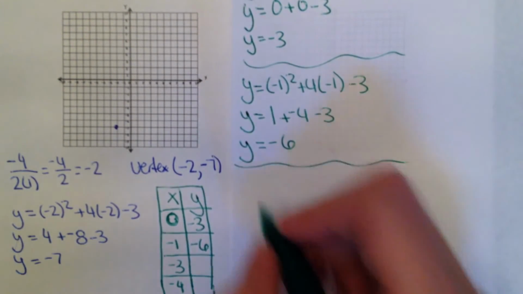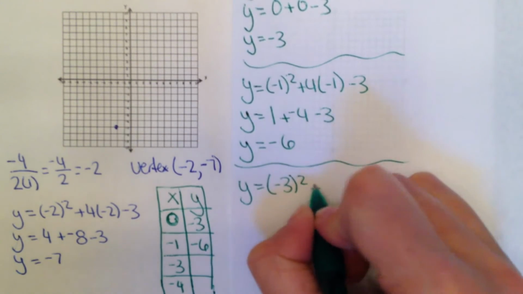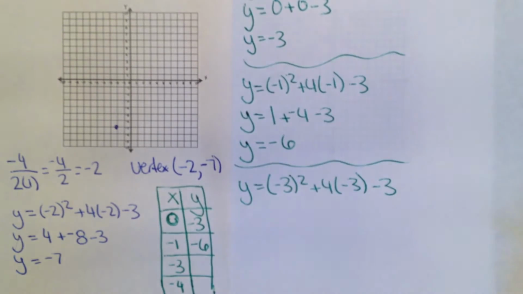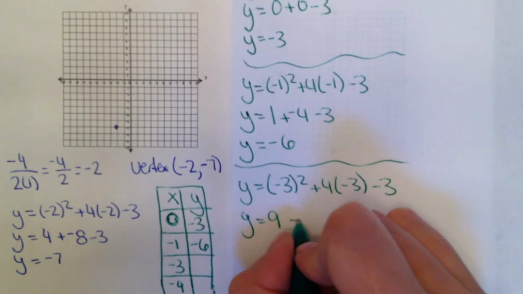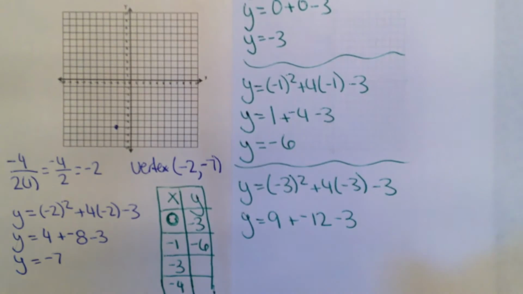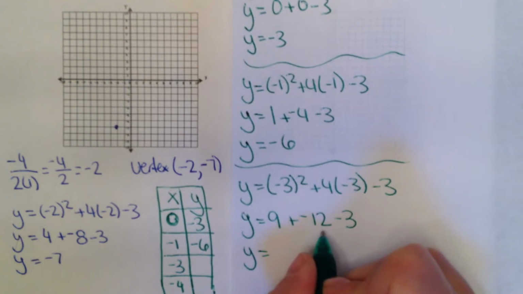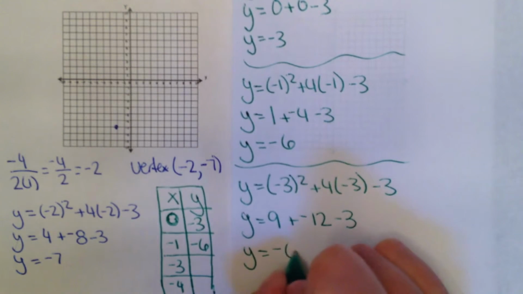Plug in -3. We have y equals -3 squared plus 4 times -3 minus 3. We have y equals 9 plus -12 minus 3. Okay, so when we simplify, 9 plus -12 gives us -3, and -3 minus 3 is -6.